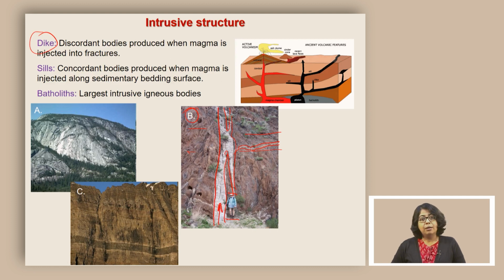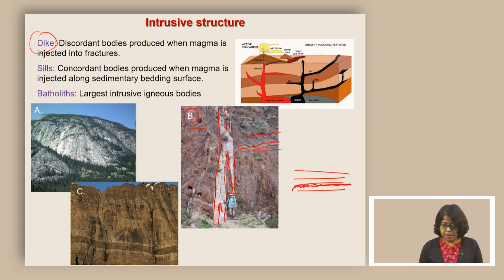There can be a parallel structure also, and those are called sills, where the magma is injected along the sedimentary bedding surface. What that means is, sedimentary rocks have this tendency of forming layers, and if those layers are showing a parallel relationship with an igneous body, then that igneous body is going to be called a sill.